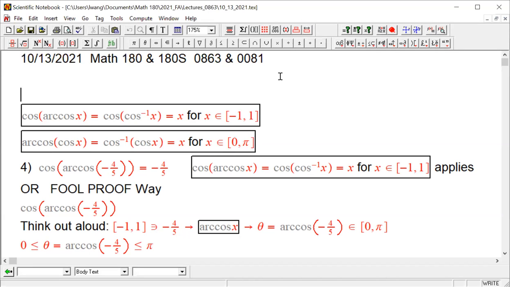I'm going to select the cosine questions for you, which is number 11, number 14.